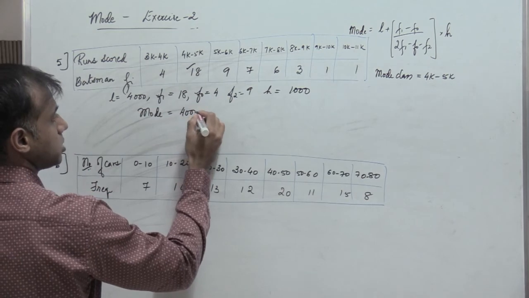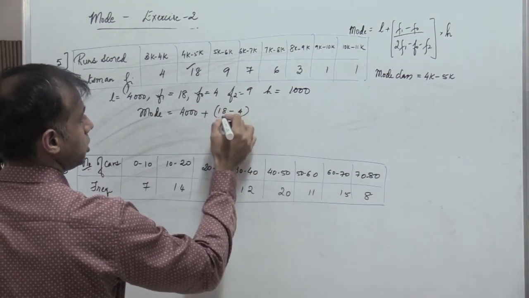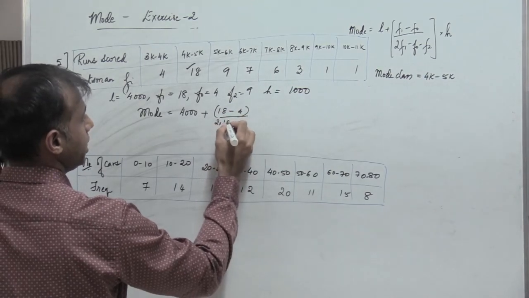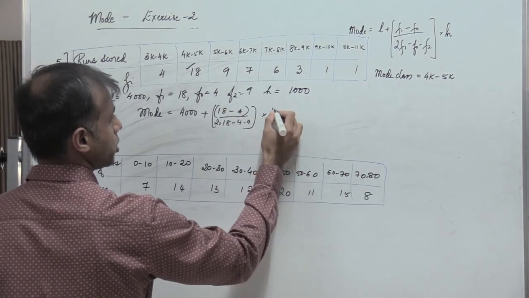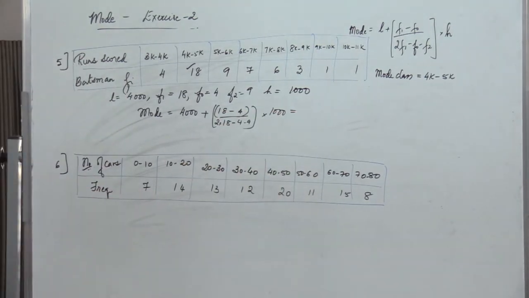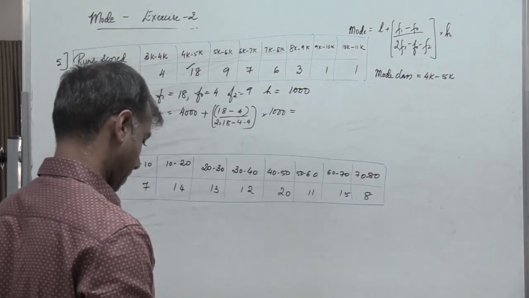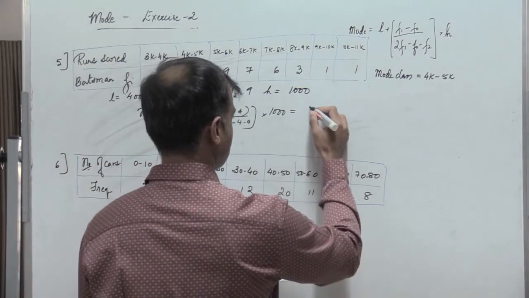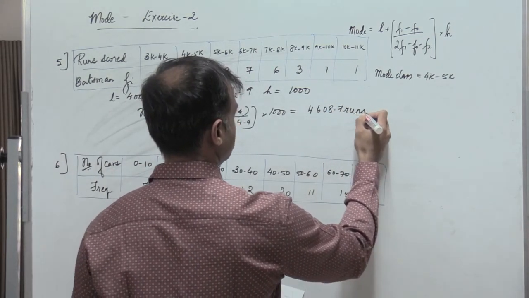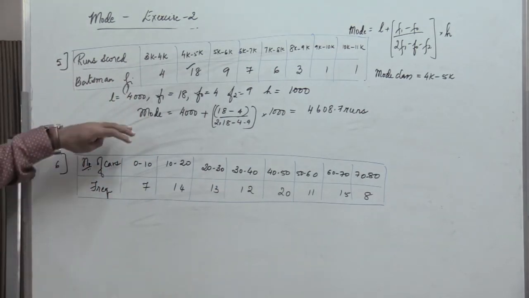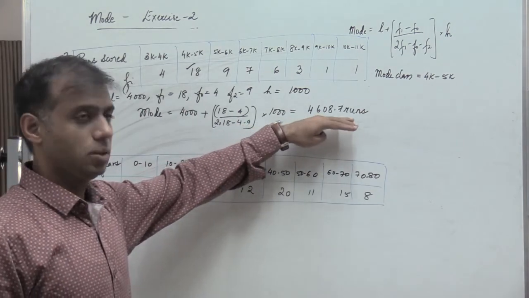So L is 4000 plus F1 is 18 minus F0 is 4, divided by 2 into 18 minus 4 minus 9, into H, which is 1000. So when I calculate the value, we get 4608.7 runs. Right? So the modal value of the runs scored by the batsmen is 4608.7.